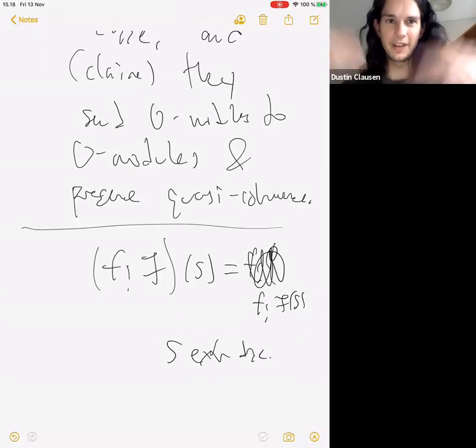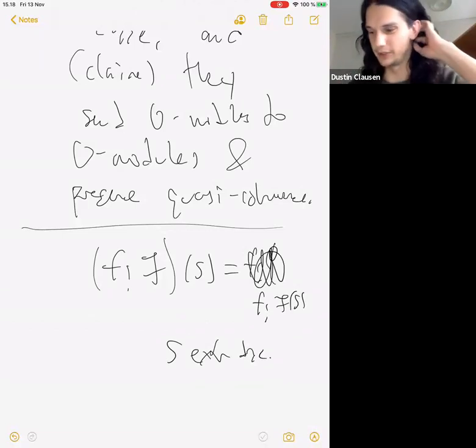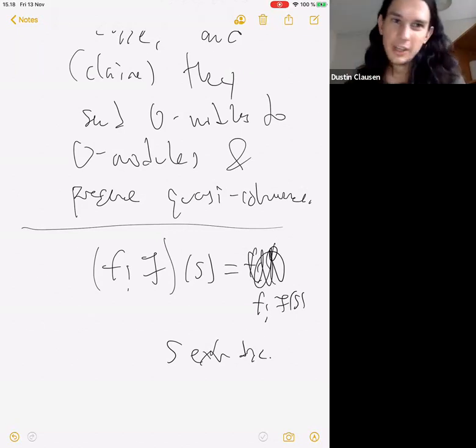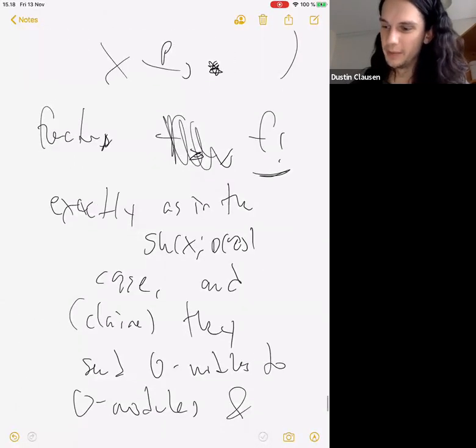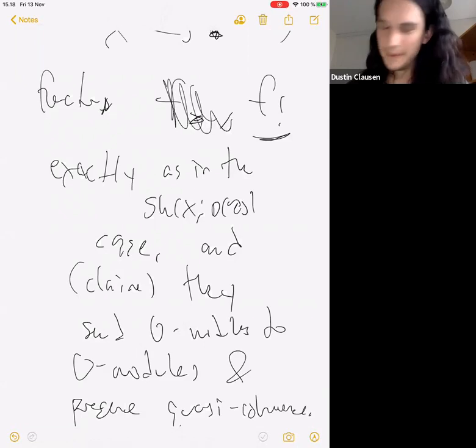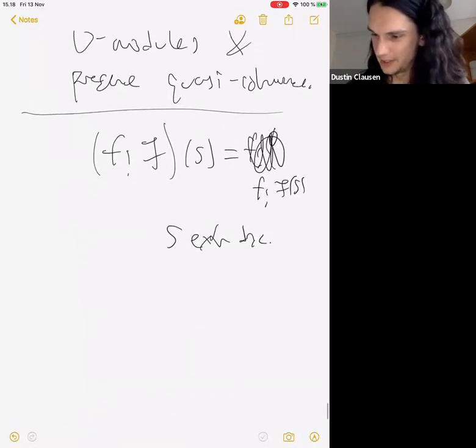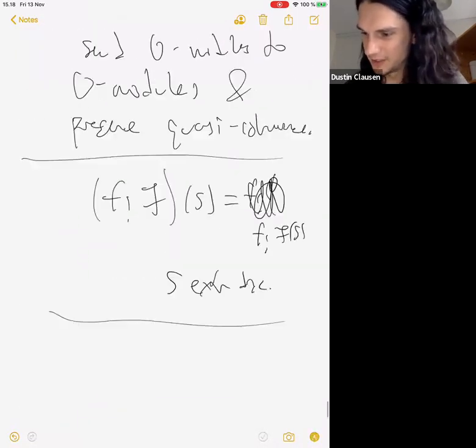So in fact, for a lot of properties of F lower shriek, like if you want to know that F lower shriek commutes with colimits, you can immediately reduce to the classical case, or you could just run through the arguments in the classical case as well. It doesn't matter. But with this kind of remark, you can just reduce to the classical case.